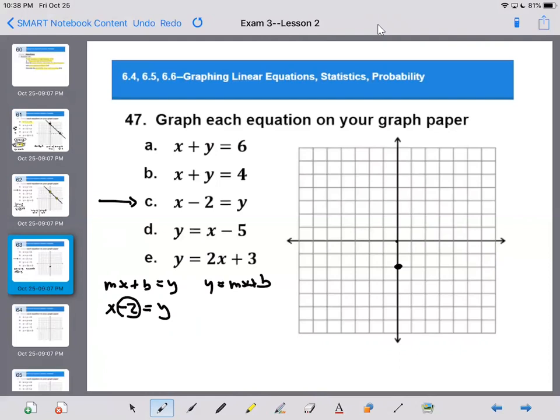But then notice that slope. That slope is an understood 1. So that means it's understood up 1, right 1, up 1, right 1, up 1. Notice that I'm creating that fraction, up 1, right 1, which is also your rise divided by your run. And so we should see points fall in the line.